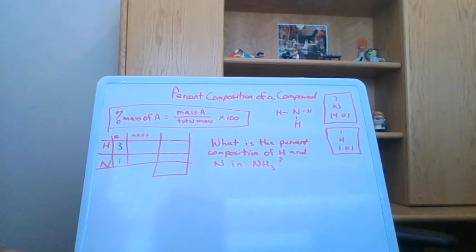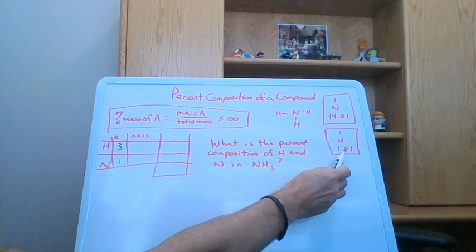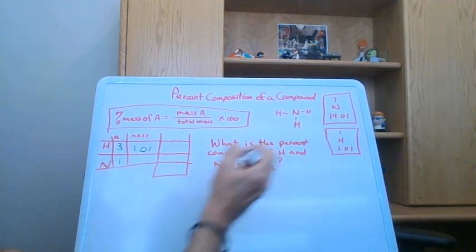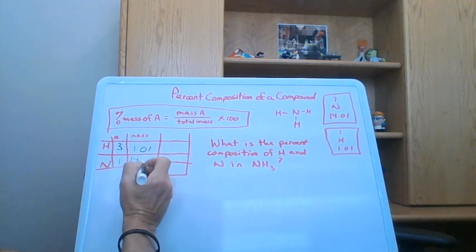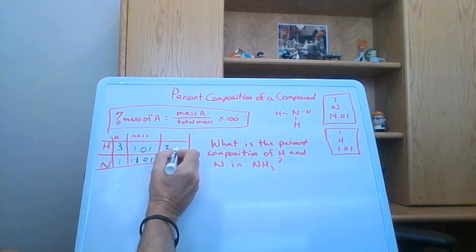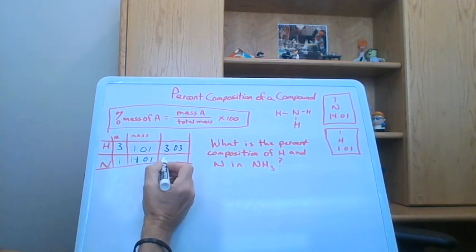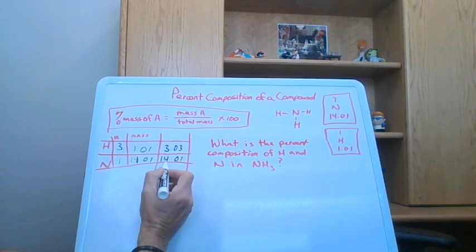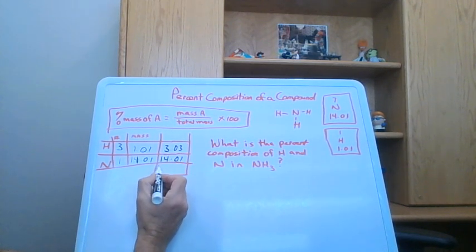So then we would go to our periodic table and say that each hydrogen contributes 1.01, each nitrogen contributes 14.01. So there are 3 hydrogens, so you're getting 3.03 from the mass of the hydrogen and 14.01 from the nitrogen.